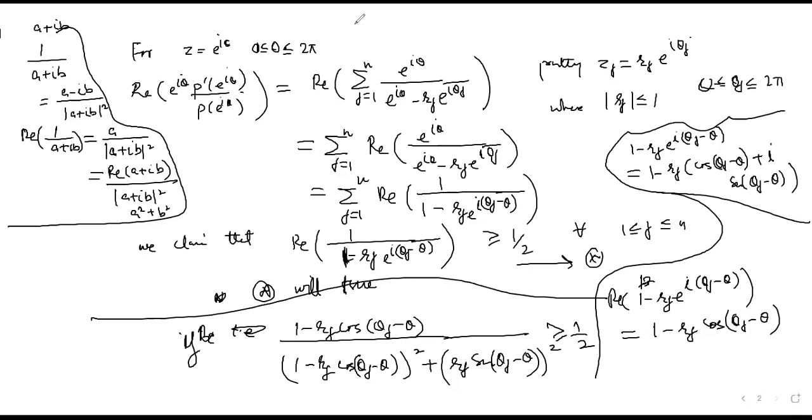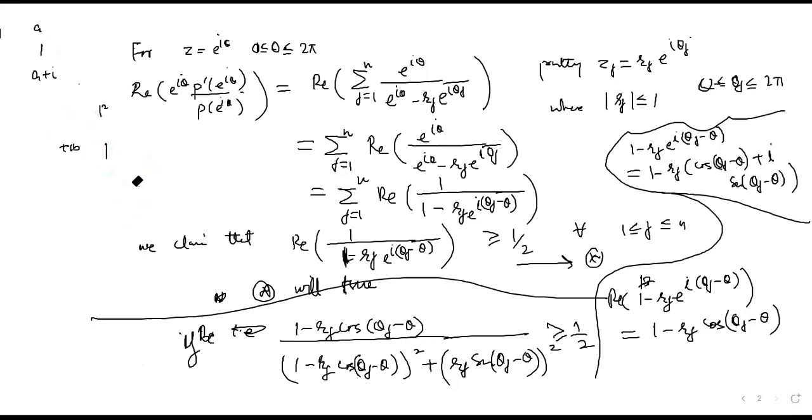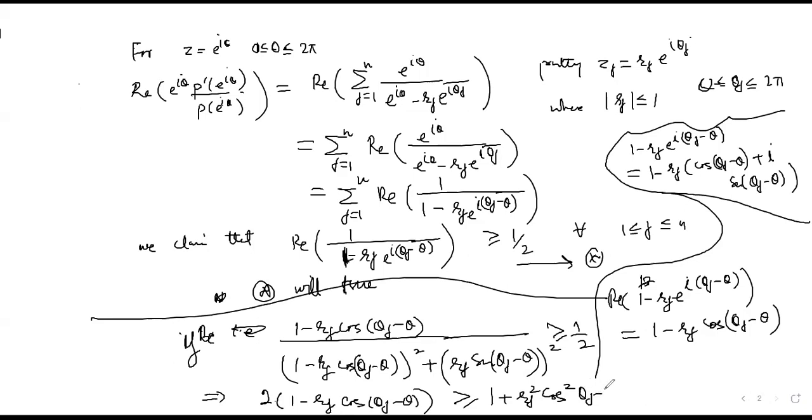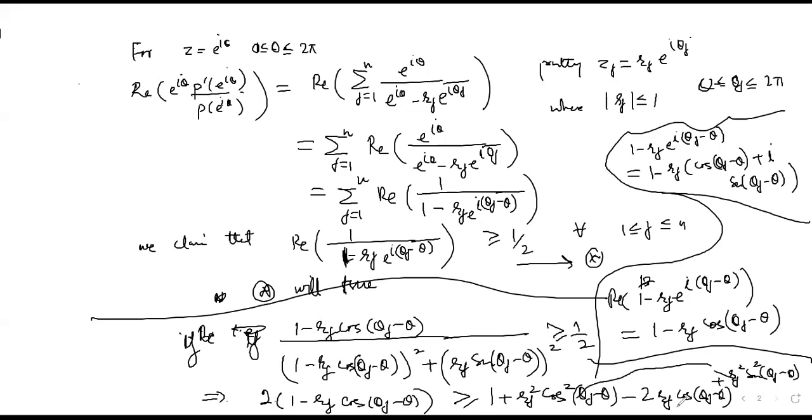सो अगर मैं इसको थोड़ा, ओके, तो ये करने के बाद it would be true if twice into (1 minus r_j cos of (theta_j minus theta)) is greater than equal to this square plus this square, तो हम इसका स्क्वायर इवैल्यूएट करते हैं. सो है 1 plus r_j square cos square (theta_j minus theta) minus twice r_j cos of (theta_j minus theta) plus r_j square into sin of (theta_j minus theta) का स्क्वायर. तो ये हमारा होगा यहाँ पे. अगर स्टार ट्रू है, which means that अगर ऐसा है, and of course अगर मैं इसको ऐड करूँ, you will get 1 plus r_j square.